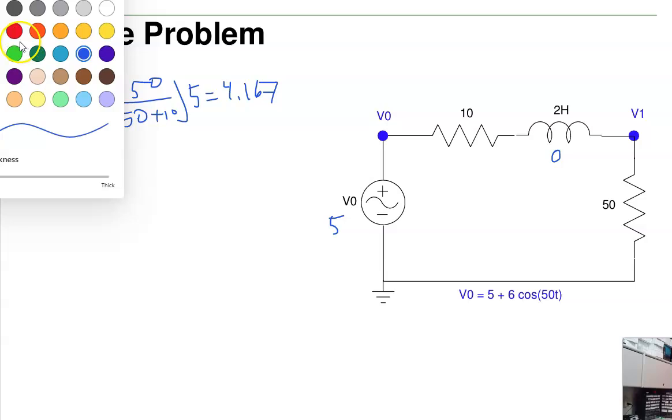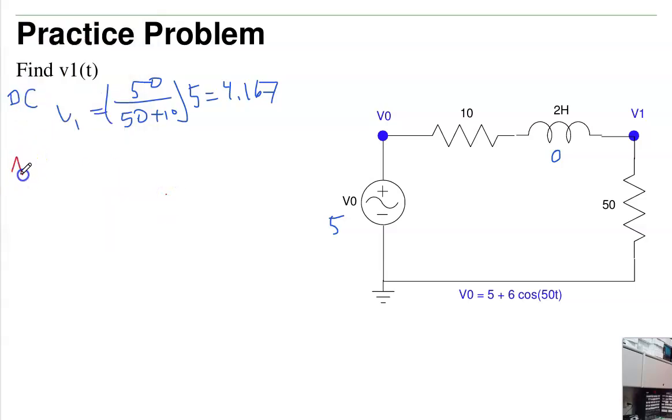AC, let's do that in red. For AC, this becomes 6, this guy right here, 6 plus j0. This becomes j100. That's j omega L. So by voltage division, V1 is R1 over R1 plus R2. R1 is 50.